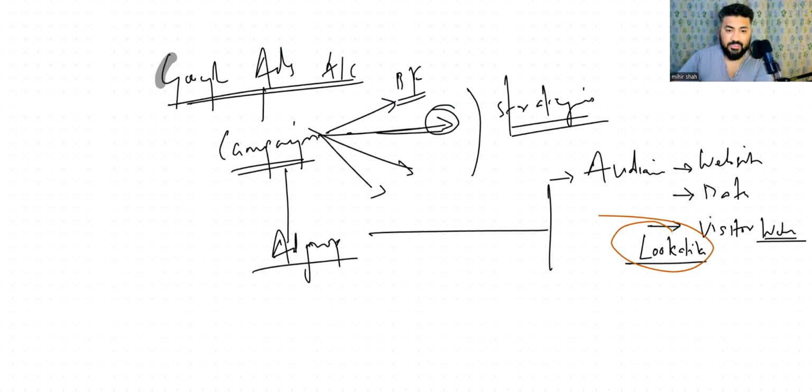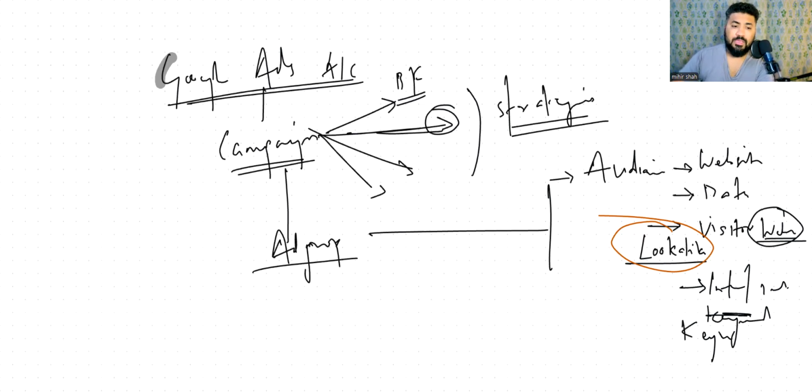So visitors of a certain website, and then you can also target people who are interested, or anywhere on Google, on YouTube, have an intent of a certain keyword, right? So this isn't clear enough. Let me write it properly. So all of these become your audience sets, right?